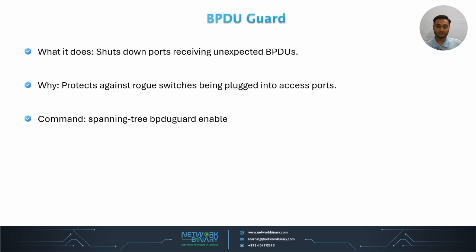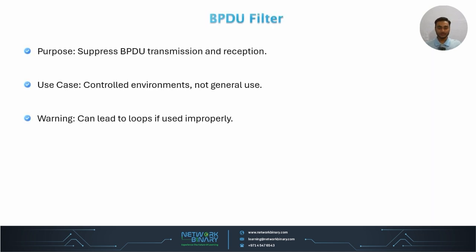That's where BPDU Guard comes in. It shuts the port down if it sees BPDUs. If we enable BPDU Guard, that's an easy protection for the topology if any user accidentally plugs any of their switches into the access ports.